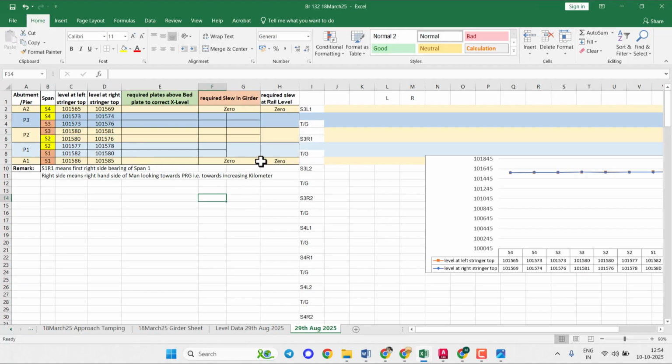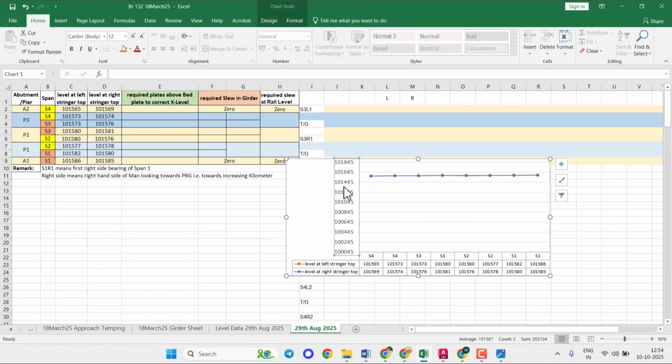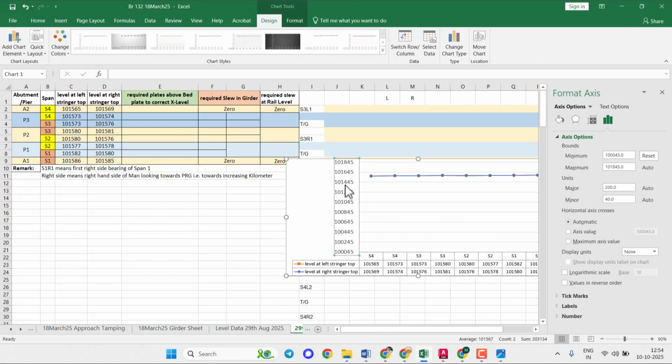Now this. So, well, let's check. This is the fourth span, and we can do it from here also.